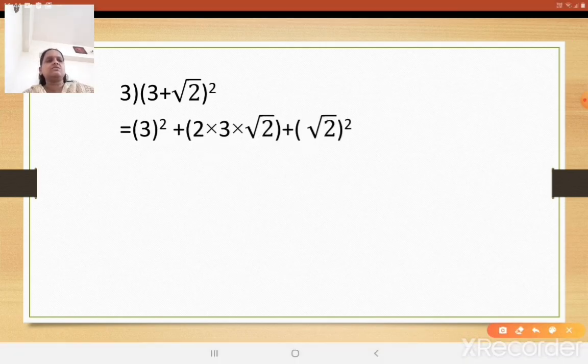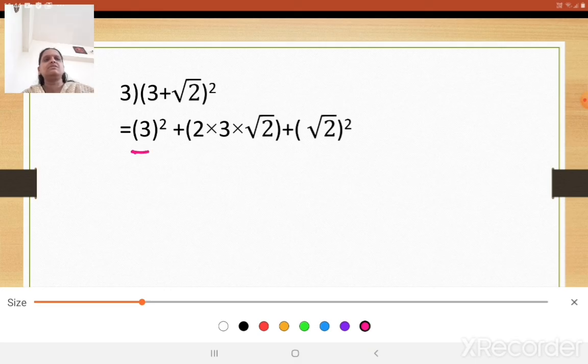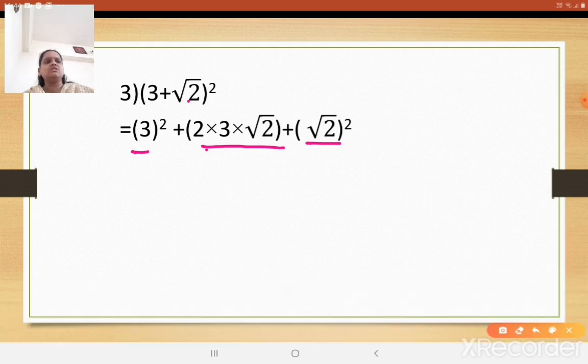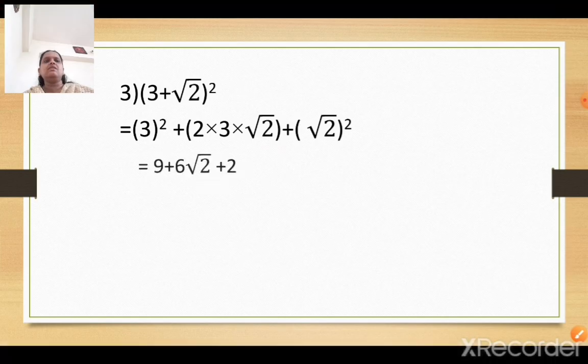So according to that, what will you get in the next step? Yes. So first term is 3. So it will become 3 square plus 2 into first term 3 into root 2 plus second term square, root 2 square. So the 3 square value is what? 9. Correct. 9. 2 into 3 is 6 root 2. Plus root 2 square is nothing but 2. Do you remember this law also?